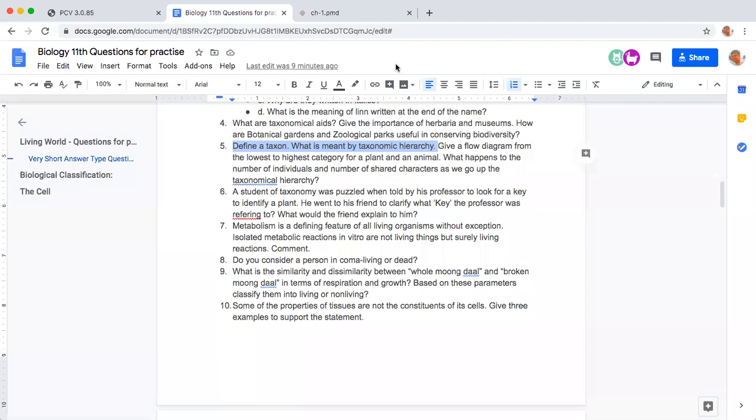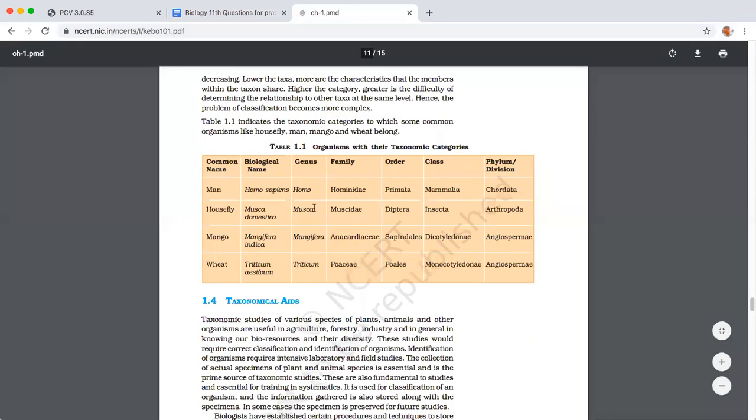It is not necessary that you know all these things, but knowing them will help you in NEET, because NEET questions are mostly taken from the corner of the book only. So you can do something like Mango, and then something like Panthera leo also.